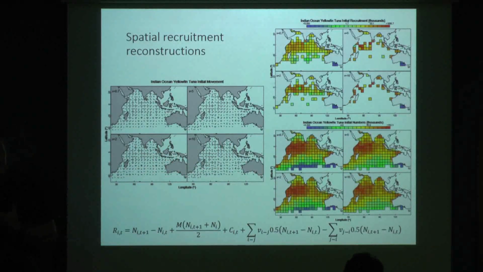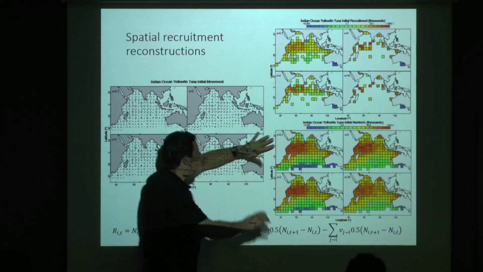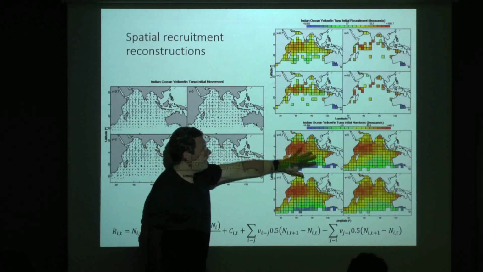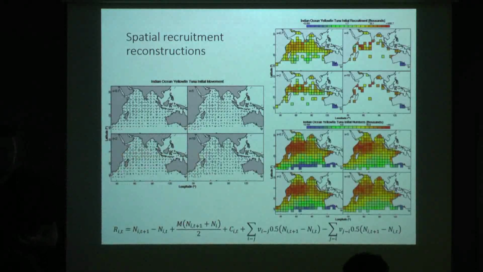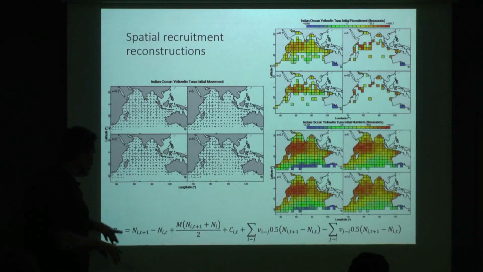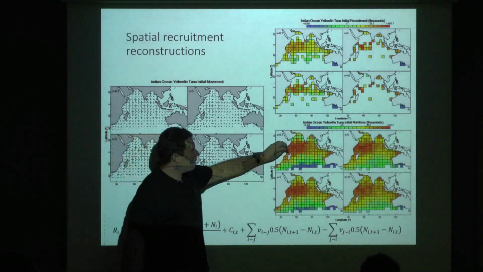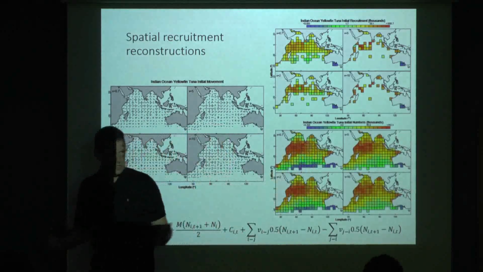And depending on the movement rate of your organism and what you understand about that, it will depend on what you set up. But once we have this, and we have this, then we can create this, which is some distribution of that organism out there. So now we have a spatially explicit population dynamics model that allows us to figure out where recruitment is coming in and how things are moving, and these are equilibrium unfished distributions of that.